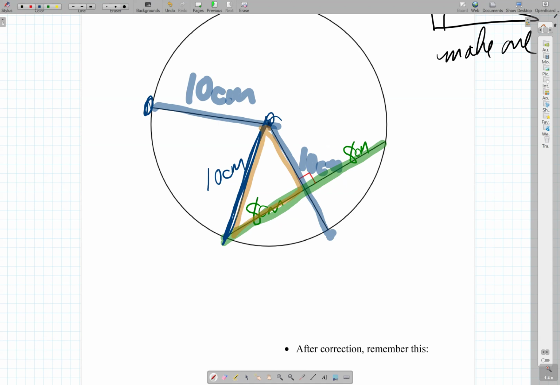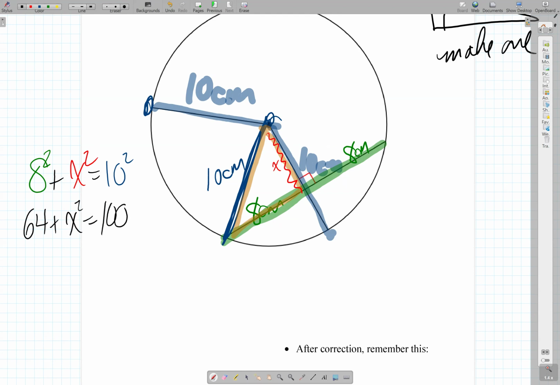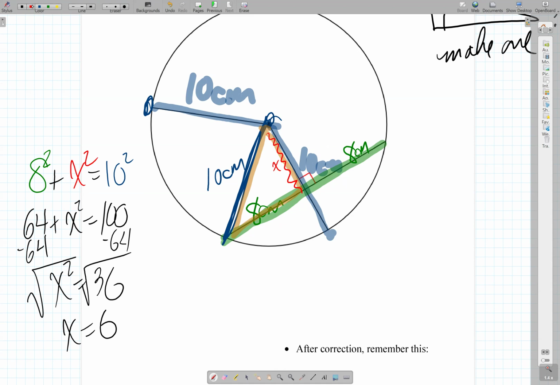So right here, I have two sides and need the third side. So I can do leg squared plus my unknown leg squared equals 10 squared. And you just do your math here. So x equals 6 here.